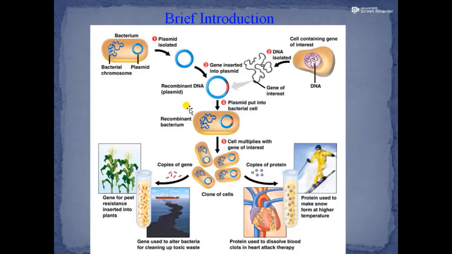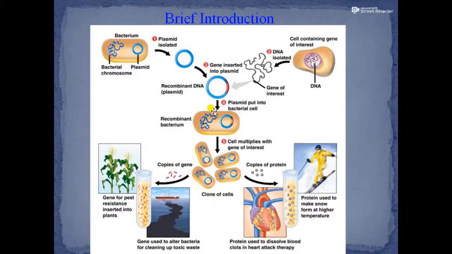What is a host cell? The host cell is one which will carry the recombinant DNA. So the recombinant DNA, that is the plasmid and the gene of interest combined, is put into a host cell. And here, since the plasmid can replicate in a bacteria, we have taken a bacteria as the host. It can be anything.